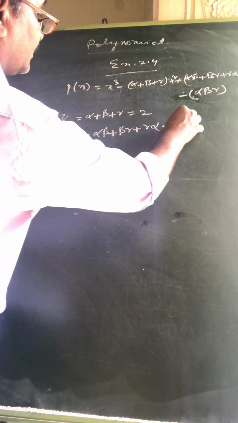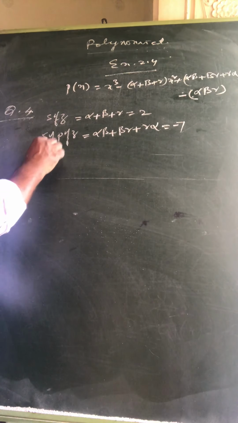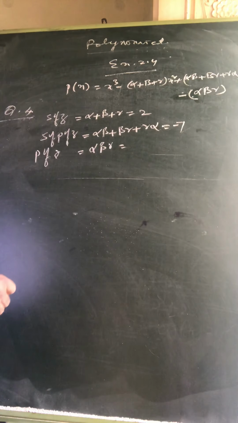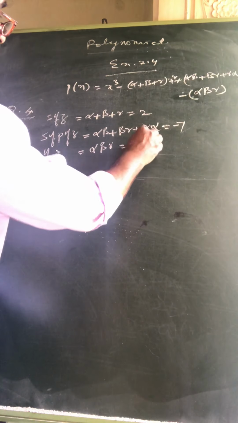Minus 7. And the product of the zeros, alpha beta gamma, is equal to minus 14.